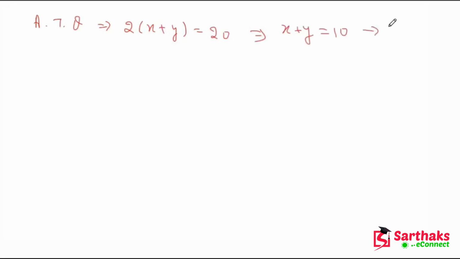Yes, so as per the question given, according to the question, ATQ, we have twice of x plus y is equal to 20. Okay, I hope you get this point. And then if we take the two as common, then we get x plus y is equal to 10, which is our first equation.